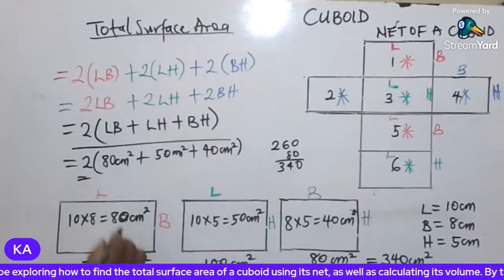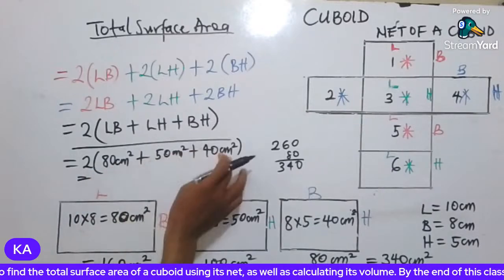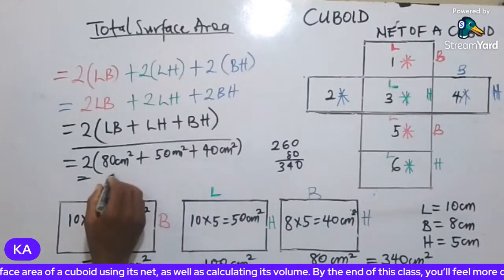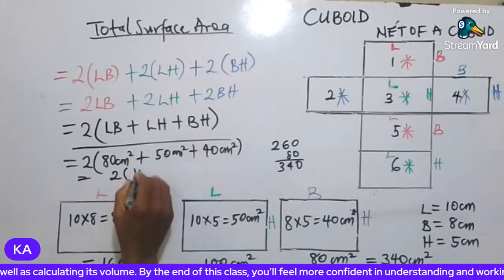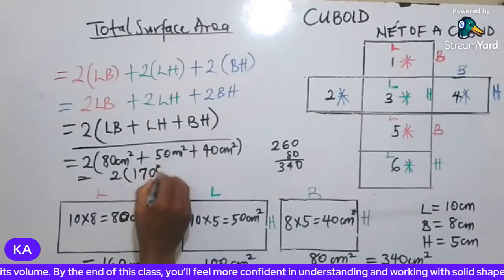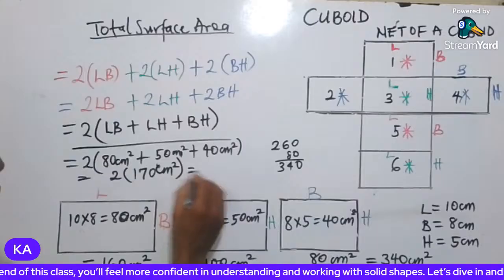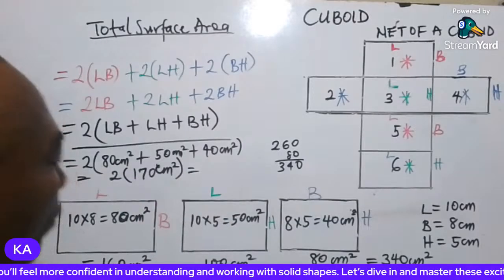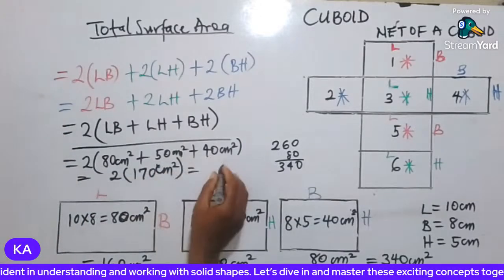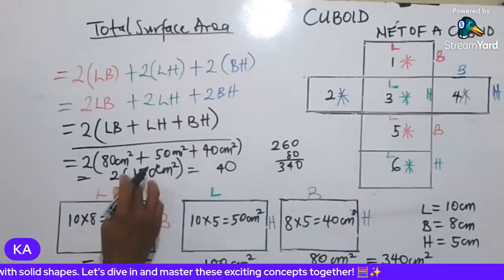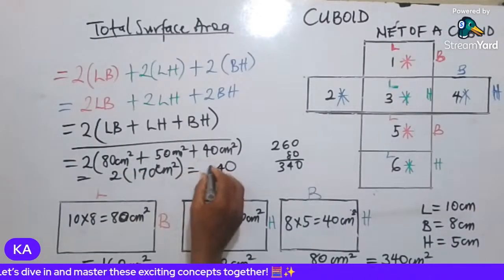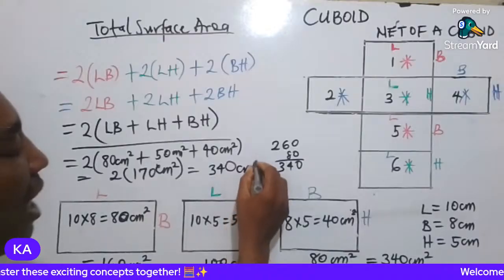So can we add it together? 50 plus 40 is 90, that'll give us 170 centimeter square. So can we multiply that by 2? 2 multiplied by 170 is 340 centimeter square.